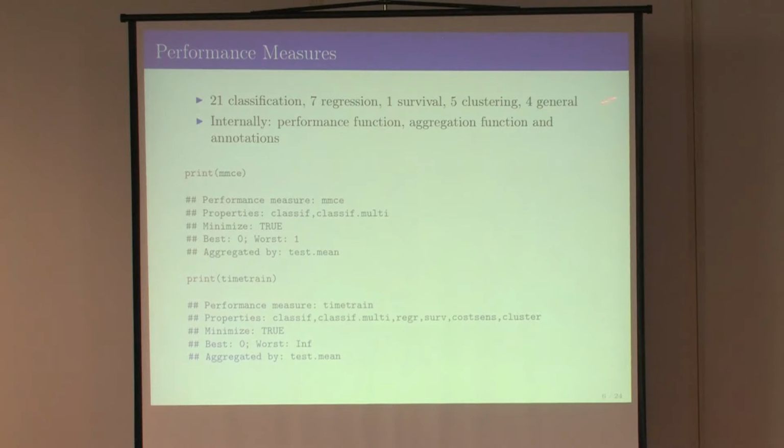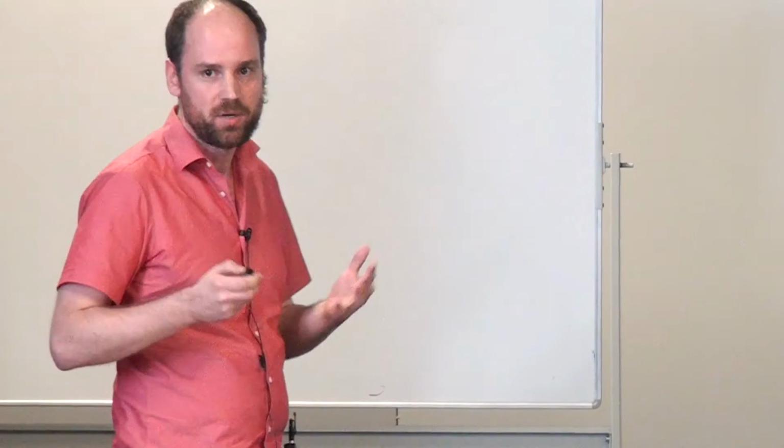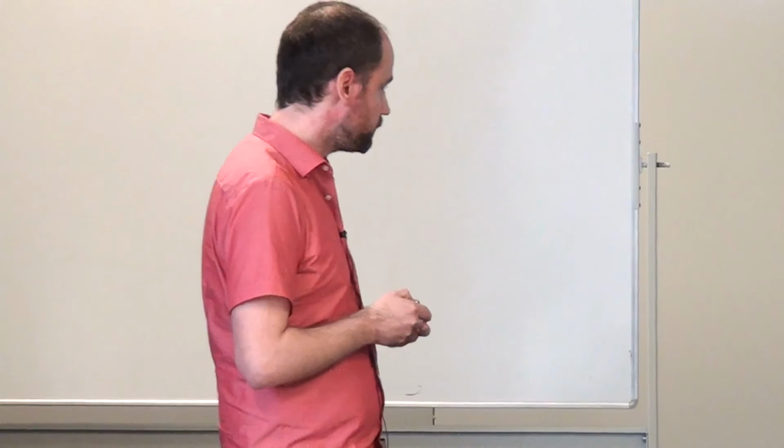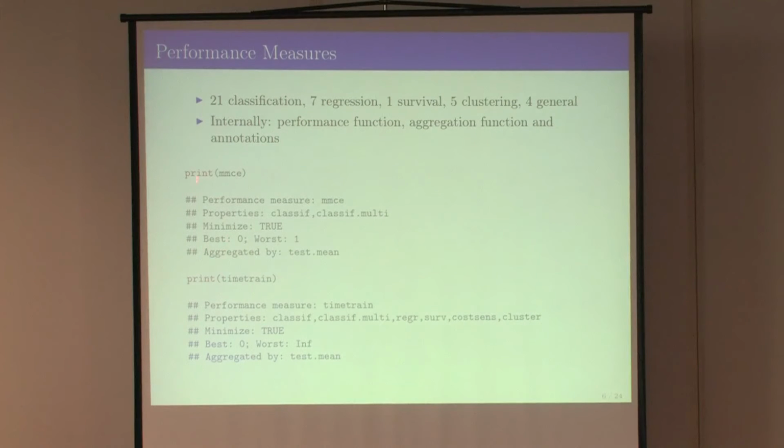Some clustering stuff, and general measures like timings that you can do for everything. You can ask how long training or prediction took. And again, these classification measures have properties, so you can see whether they are available for multi-class classification or only binary and so on. You know whether they should be minimized or maximized, their best and their worst value and so on.